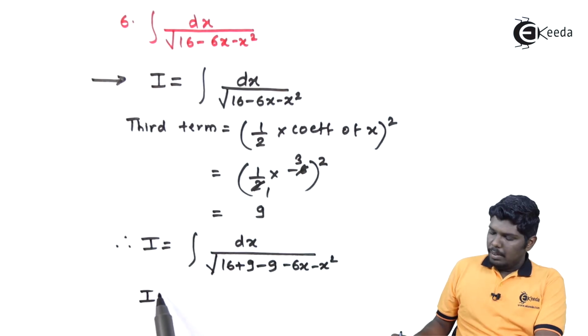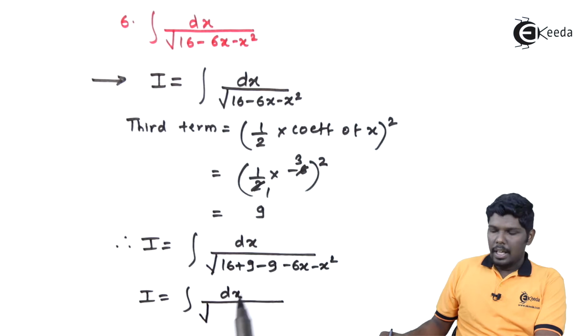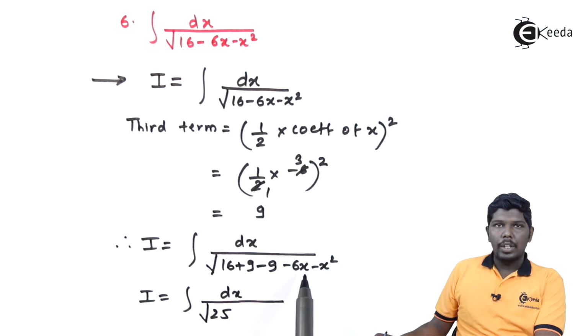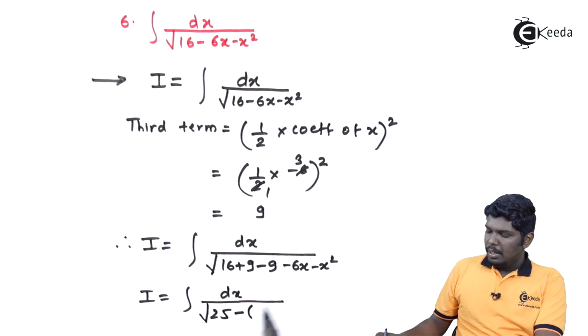In the next step, I will be dx upon under root 16 plus 9 will give you 25, and we will take minus sign common from the rest of the three terms. Minus x square will become plus x square, minus 6x will be plus 6x, and minus 9 will be plus 9.